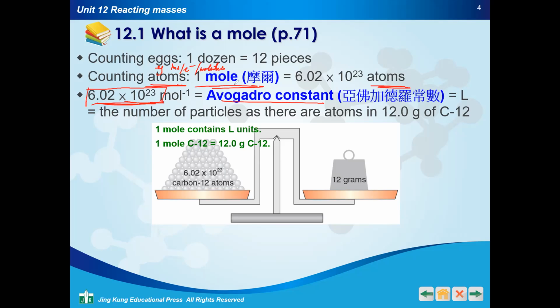First of all, 1 mole is just like 1 dozen in daily life. But 1 mole is quite different from 1 dozen in terms of the number. The number is very, very large. How large is it? 6.02 times 10 to the power 23. So many zeros there, right?